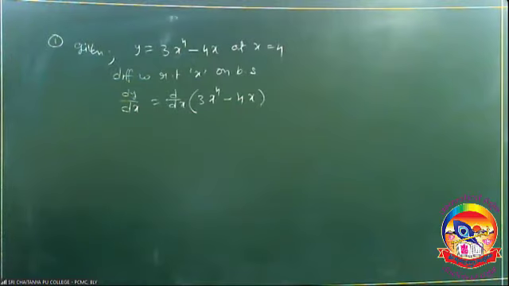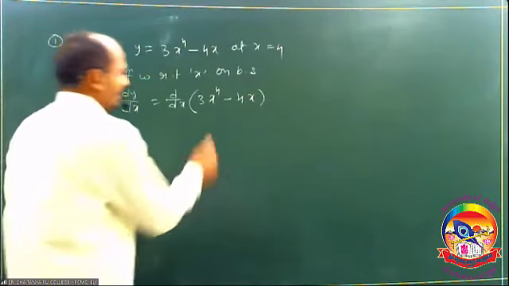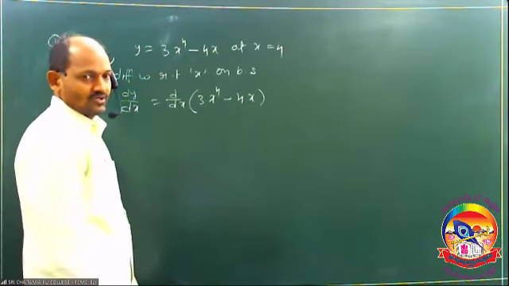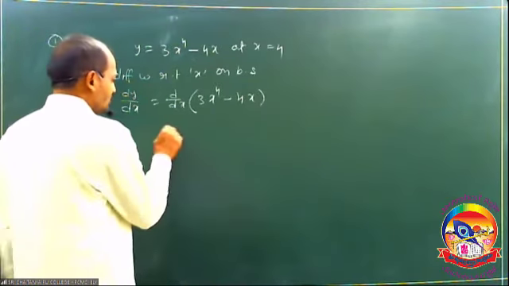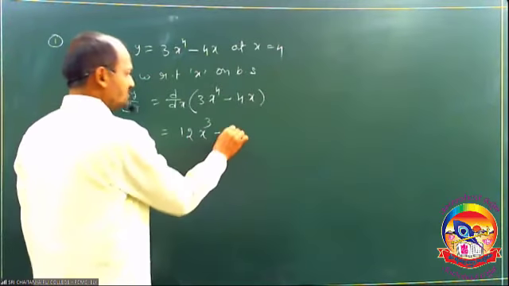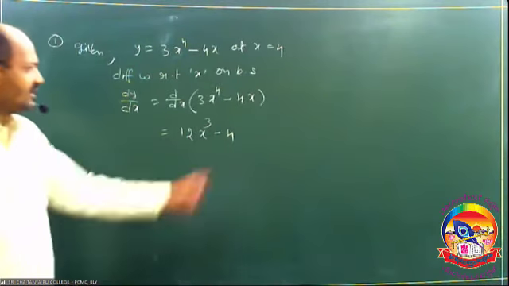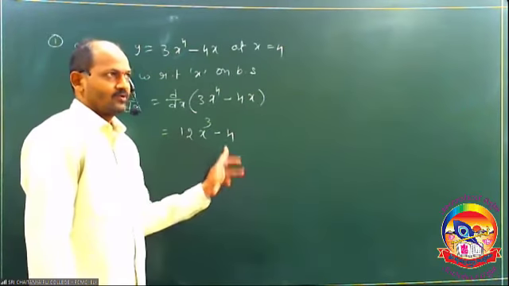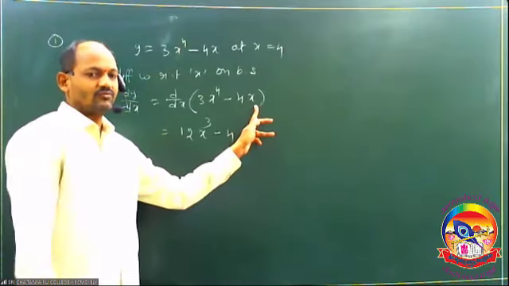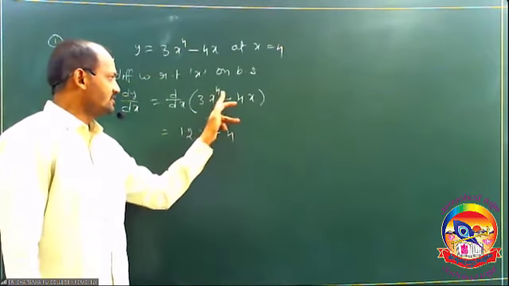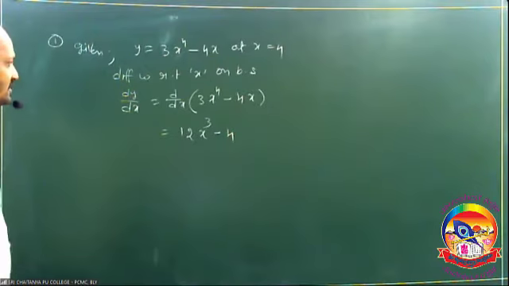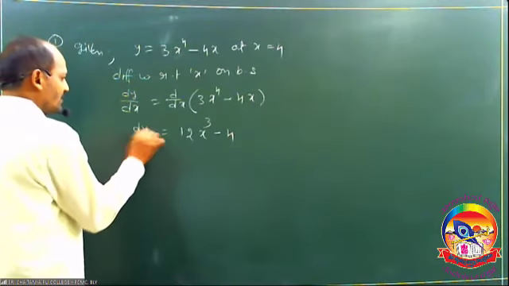The derivative of x power 4 is 4x cubed, so clearly it is 12x cubed minus 4. The derivative of 4x is 4 into the derivative of x, and the derivative of x is equal to 1. So the derivative of 3x power 4 is 12x cubed minus the derivative of 4x, which is 4. That is dy by dx.